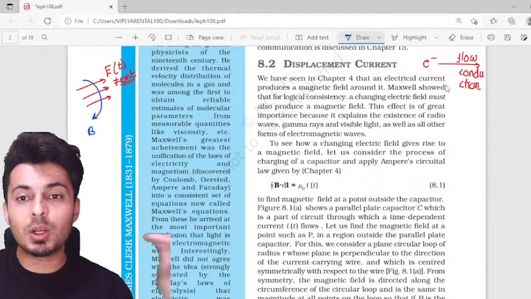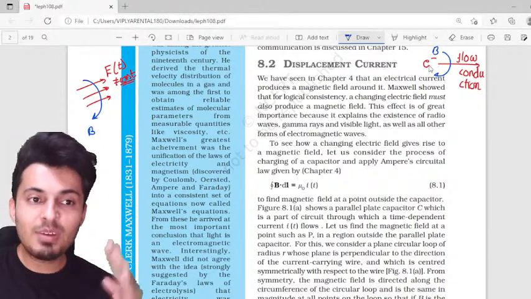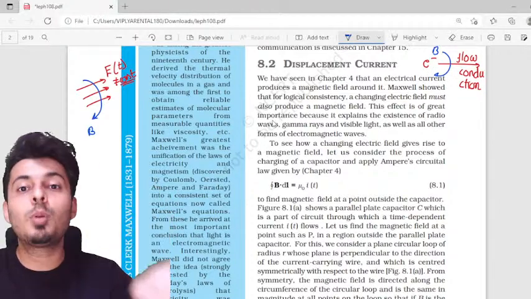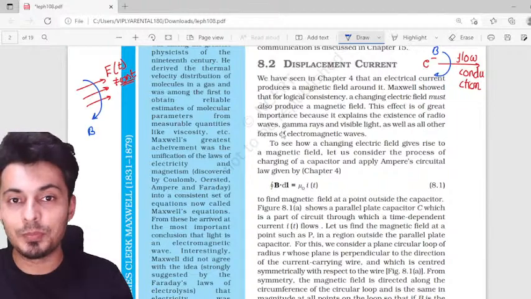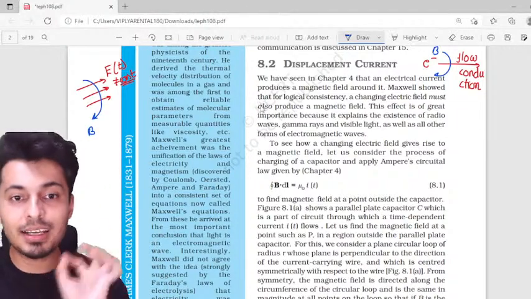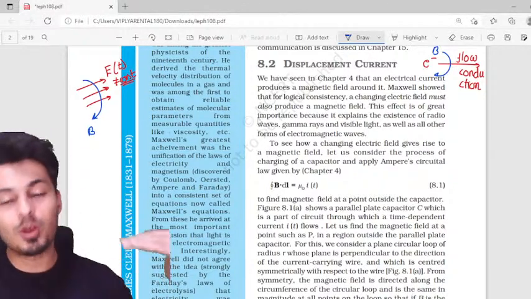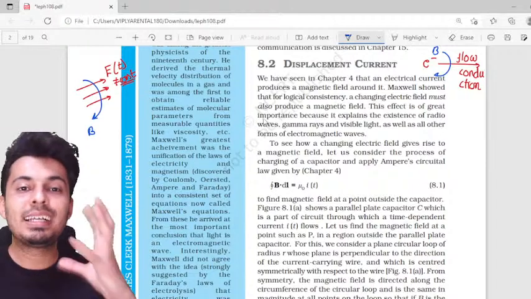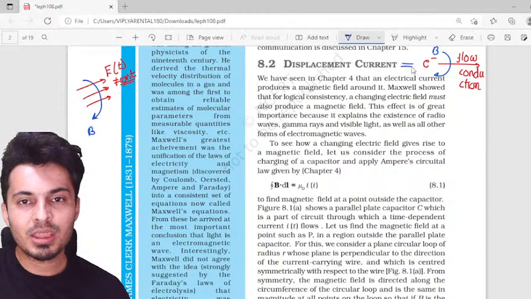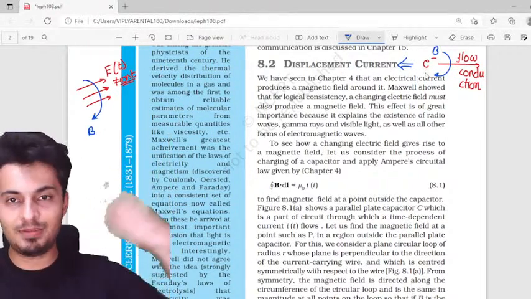Just like when electrons flow, it produces magnetic field around it, in the same way, when electric field changes, it's a function of time, then it produces magnetic field around it. So that equivalent current which produces the same field as that of your normal current, you can think of it as the displacement current. So what is displacement current? It is the equivalent of your normal current which produces the magnetic field.